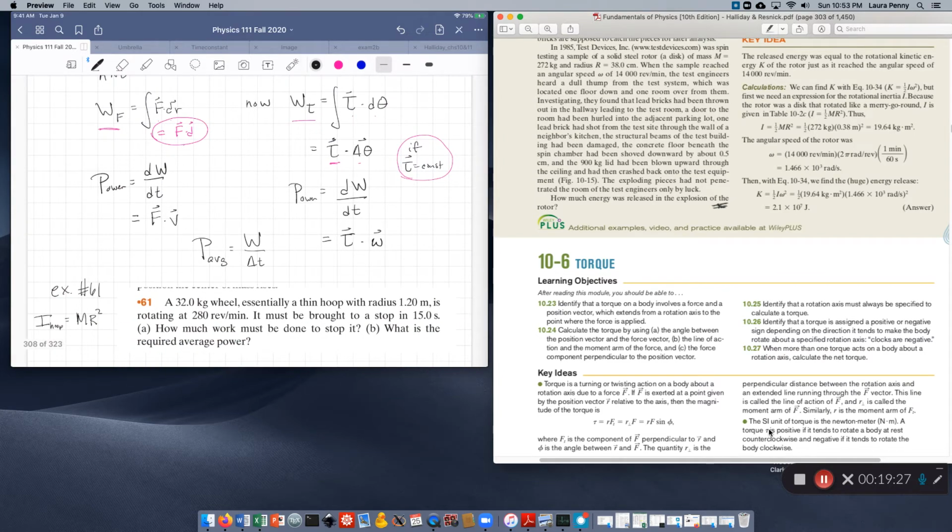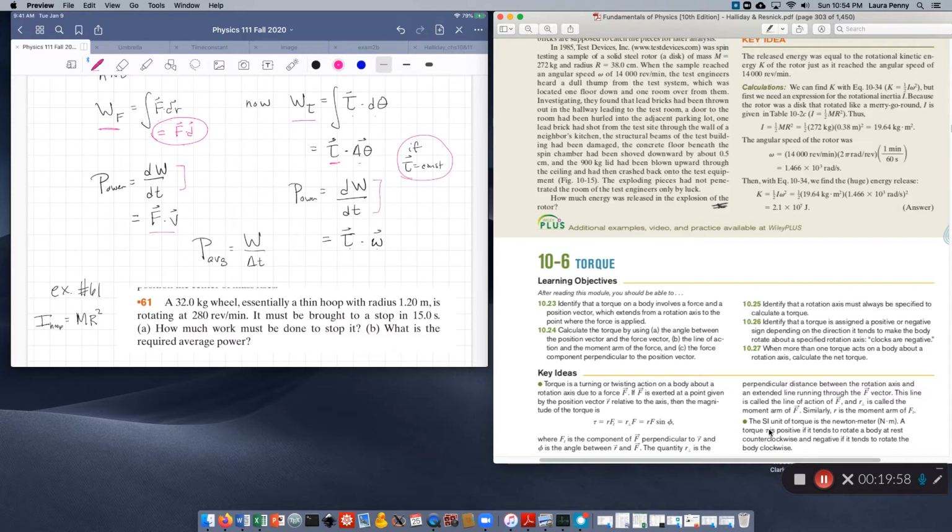And then power. Instantaneous power was the derivative of work with respect to time, which turns into force and velocity dotted together. When we talk about torque, it's still the derivative of work with respect to time, but now we're substituting in, so we've got torque dotted with angular velocity.